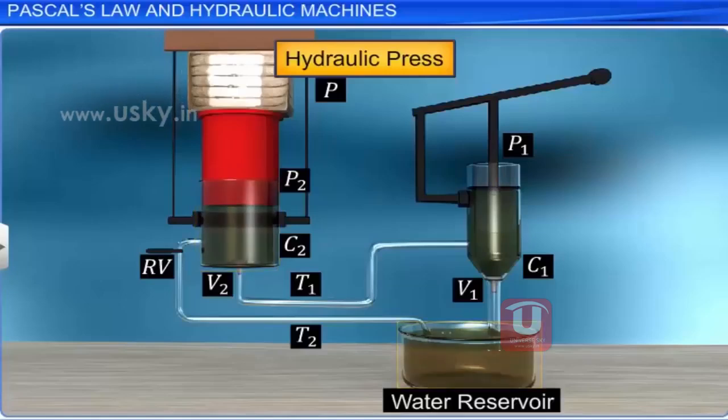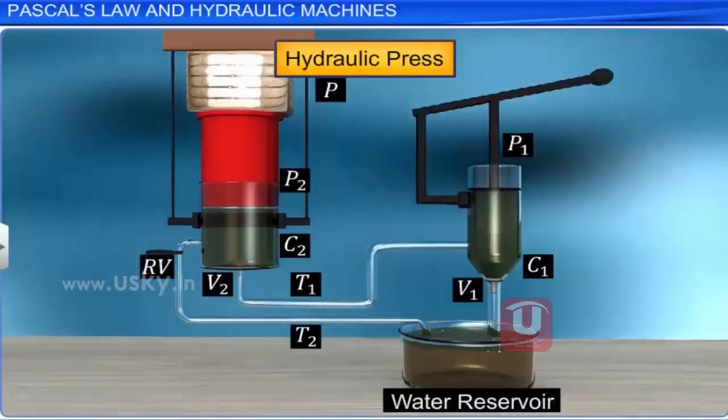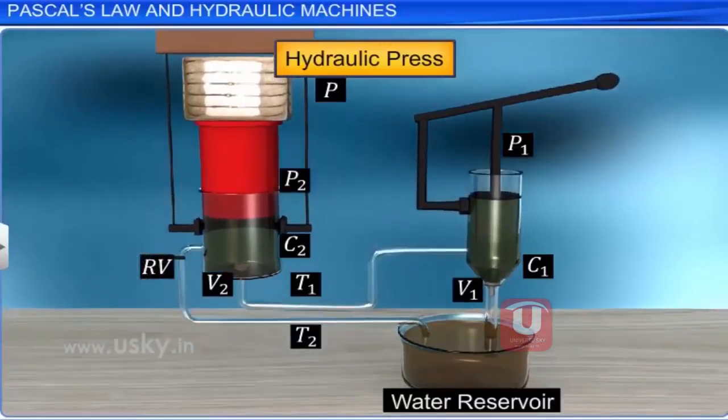Piston P1 is raised upwards by the application of force F, at the handle edge of the lever. Upon the action of the handle, the valve V1 opens. The water from the reservoir is sucked into the cylinder C1.